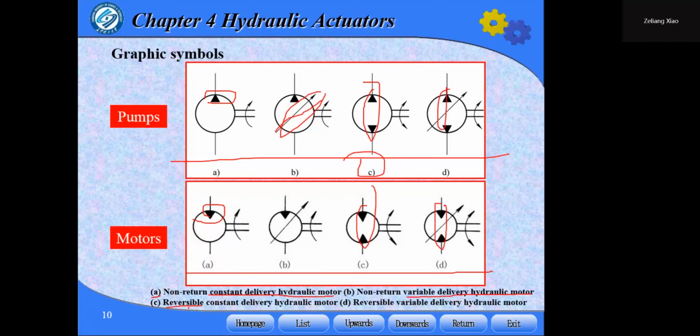One is the reversible constant delivery hydraulic motor. The other one is the reversible variable delivery hydraulic motor.